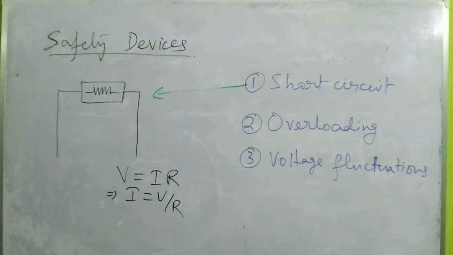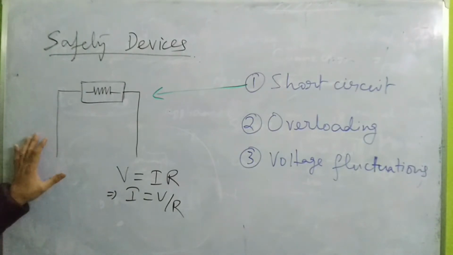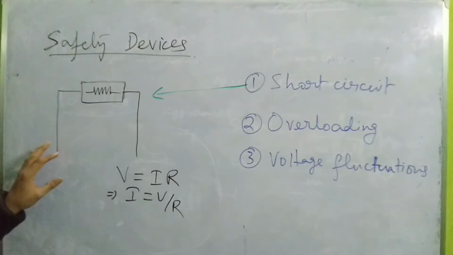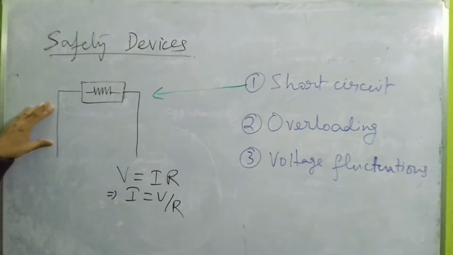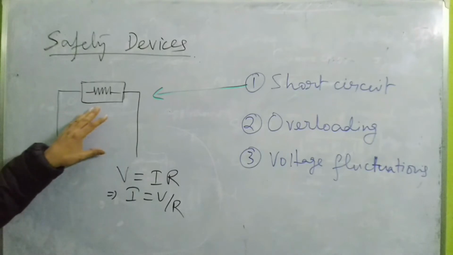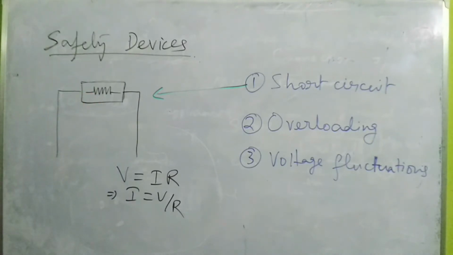Now see, connecting wires that are made up of copper or sometimes aluminum have very low resistance. When I consider the resistance of this total circuit, it comprises the resistance of these connecting wires as well as the resistance of the device.